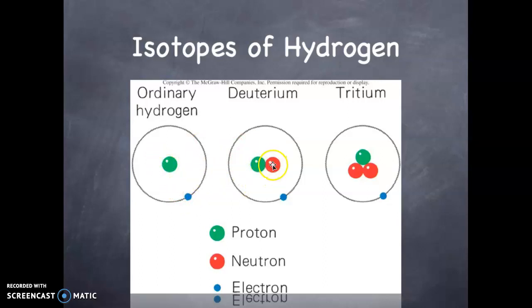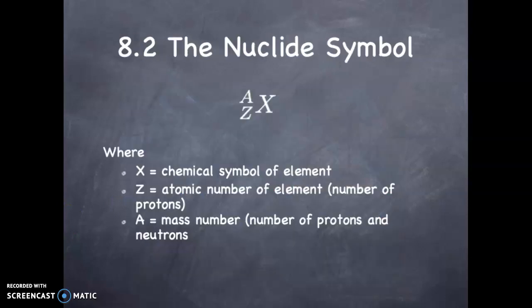Deuterium has 1 proton, 1 neutron, and 1 electron, of course, and tritium has 2 neutrons, 1 proton and 1 electron. Both deuterium and tritium are radioactive isotopes.